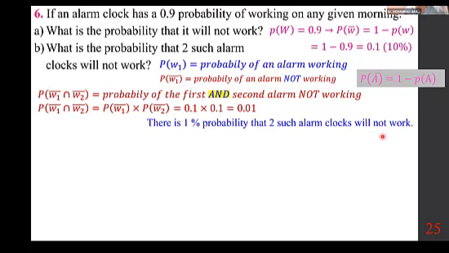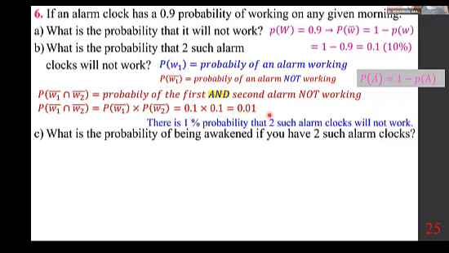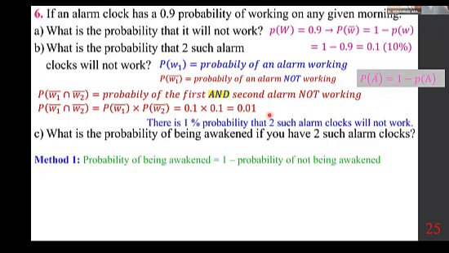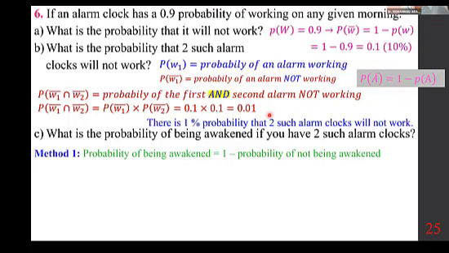And that's really amazing. Think about that. We have a 10% chance of failure, which is horrible, by the way. But by making two such alarm clocks work for us, it goes way down to only 1%. What is the probability of being awakened if you have two such alarm clocks? Obviously, assuming we wake up to the alarm, 1 minus that should be the answer, giving us 99%.